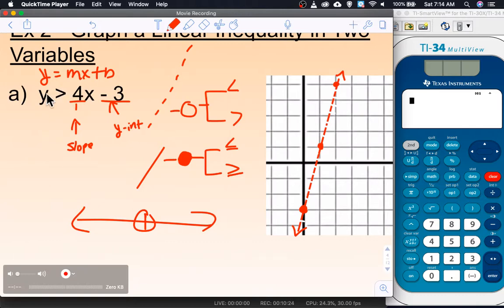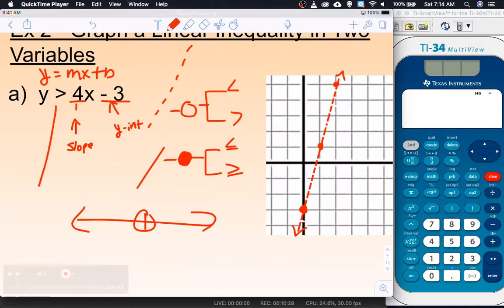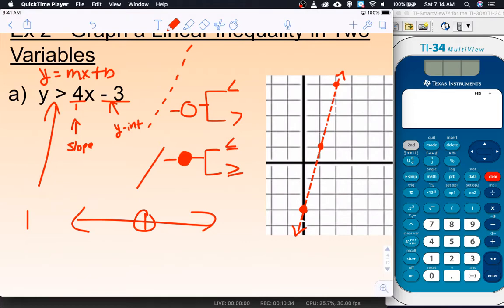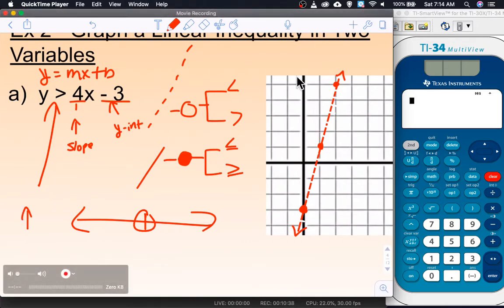So we're going to interpret this. This is a greater than, right? This greater than symbol, when we have a big, huge open area, means we're actually going to shade above the line. This area up here is the stuff greater than the line, and everything below it is less than.